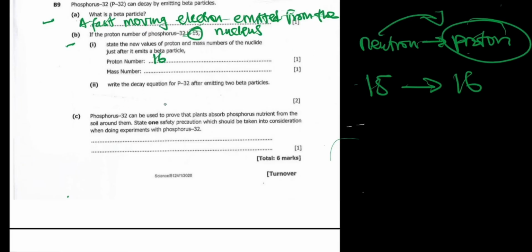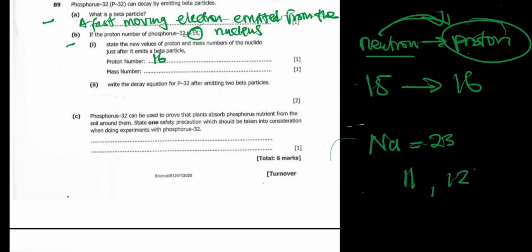The mass number is not going to change. Why? Because notice that it is a neutron that is being changed. But it is not being lost, it is being changed into a proton. So like, let's say sodium, just an example. Sodium has 23 as the mass number, which means that you have 11 protons and 12 neutrons.